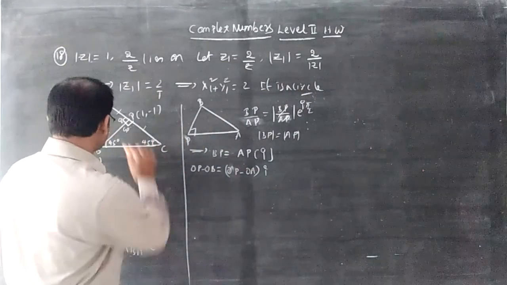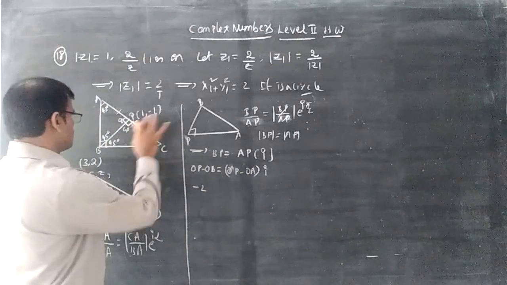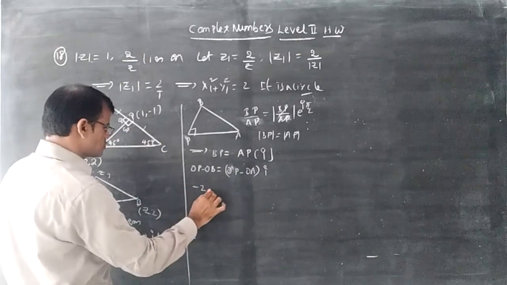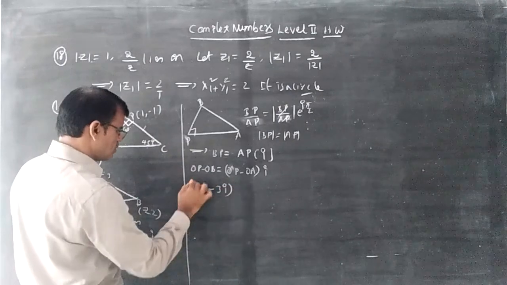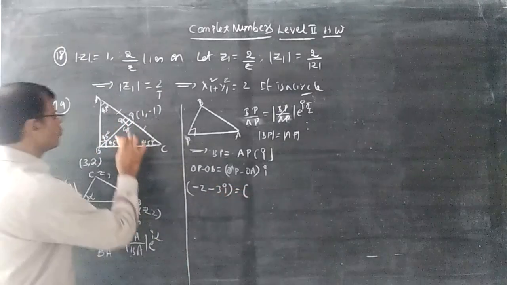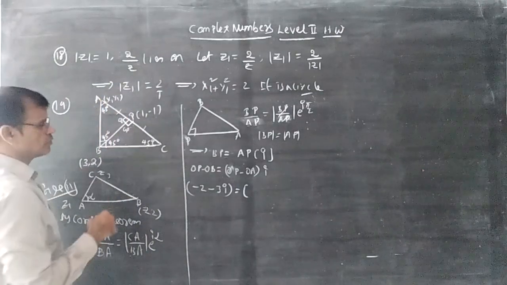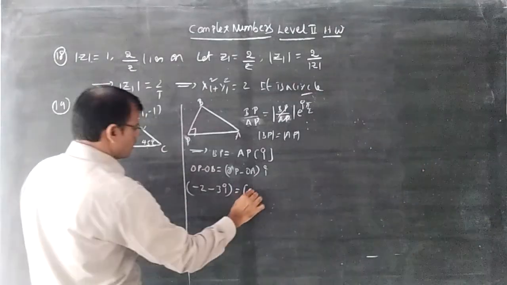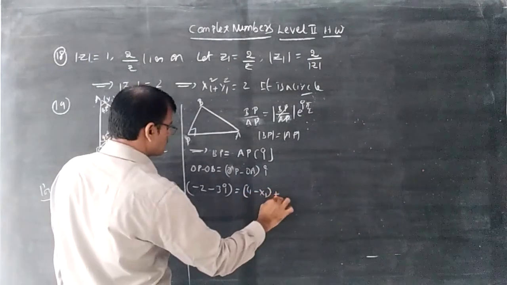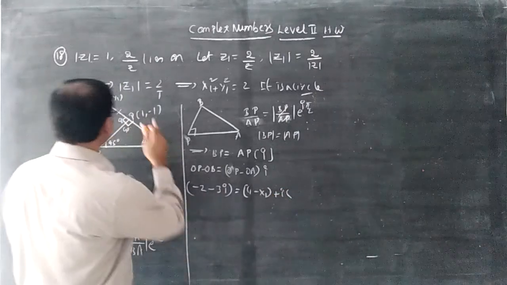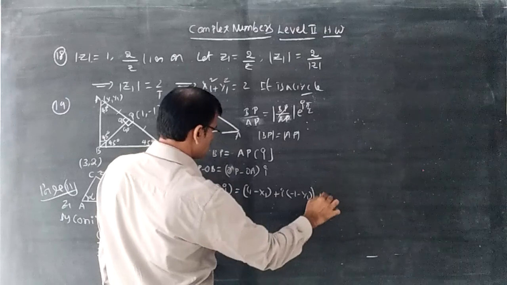Now OP minus OA: you write 1 minus 3 minus 2 and minus 1 minus 2 minus 2, and minus 1 minus 2 becomes minus 3i, is equal to OP minus OA, simply x1, y1. So (1 minus x1) plus i into (minus 1 minus y1), into i.